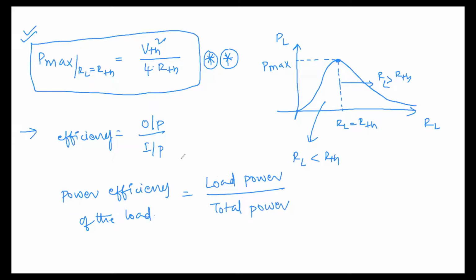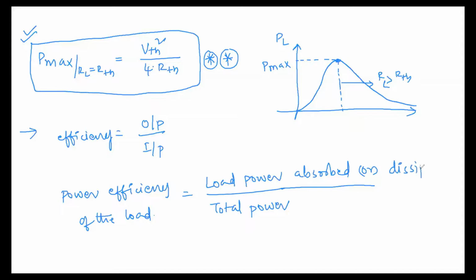The load is the resistor, so you can say load power dissipated or absorbed, or specifically, if it is a resistor, you can say load power dissipated, divided by total power delivered.